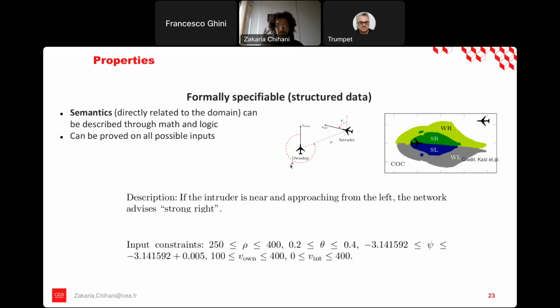So this is immediately translatable into a formal specification in math and logic, because we know what near is, it's a distance. We know what approaching is, it's a speed. We know what the left is, it's the angle of approach. So you can actually describe this. So this is the first family of properties. And this one is the easy case because you can describe what you mean with what you have, right?